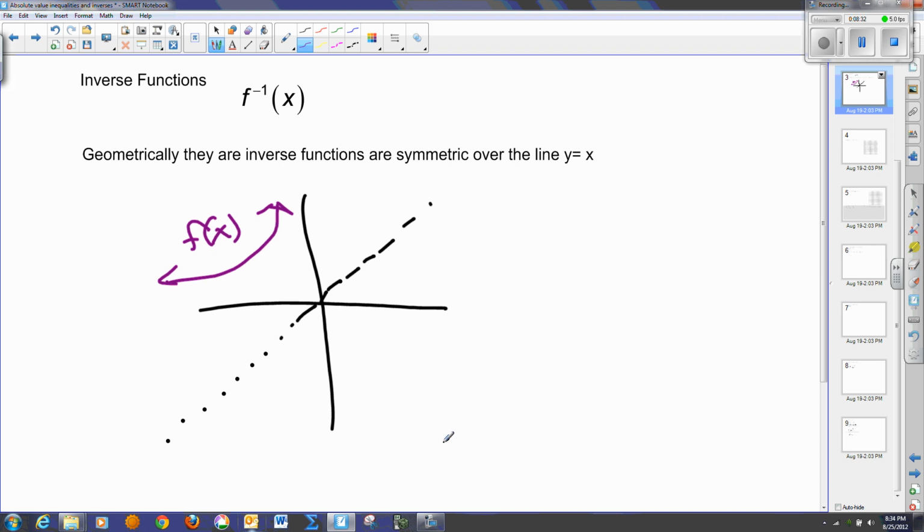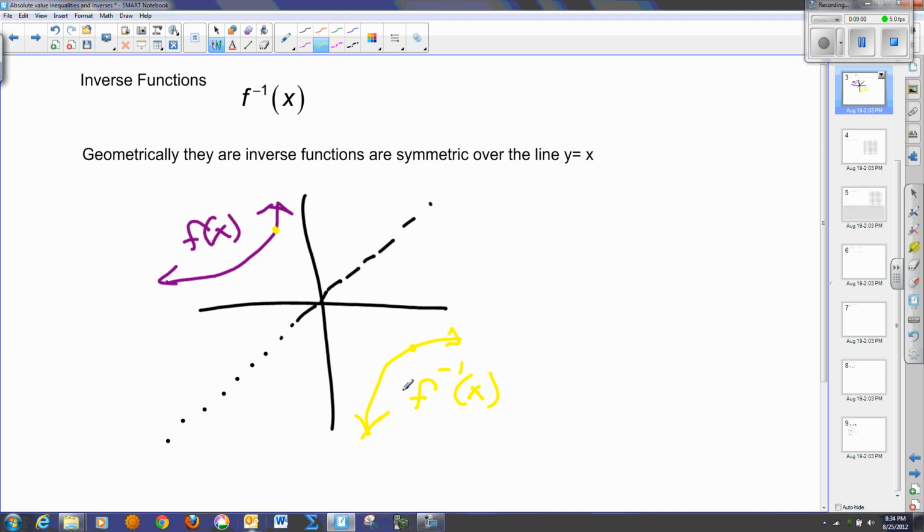So if I were to reflect this over, I would get a new function that looks something like this. And we're going to call that our inverse. So that's what a function and its inverse would look like. We could pick any point over here, and it will reflect over to a point like this.